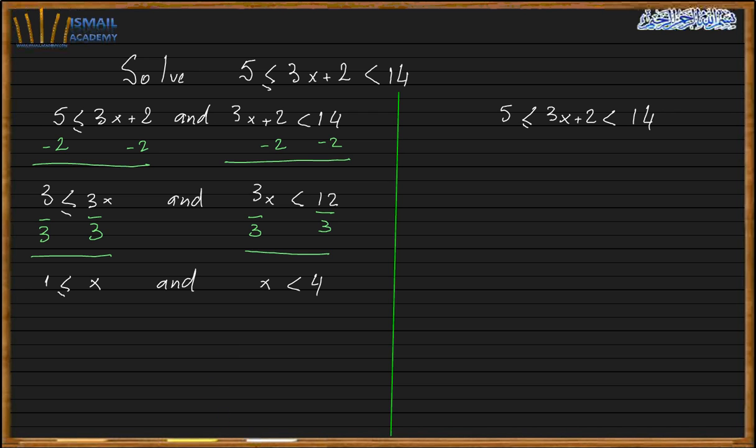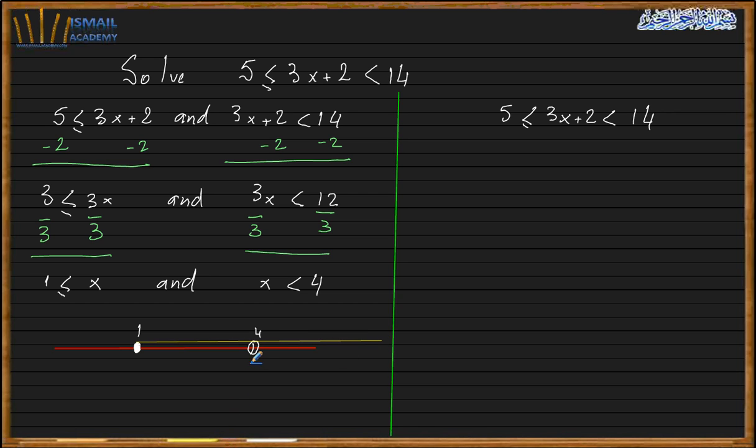So in my number line, I put 1 and 4. So 4 has an open circle and 1 has a full circle. X is greater than 1, so I draw a line with a different color.